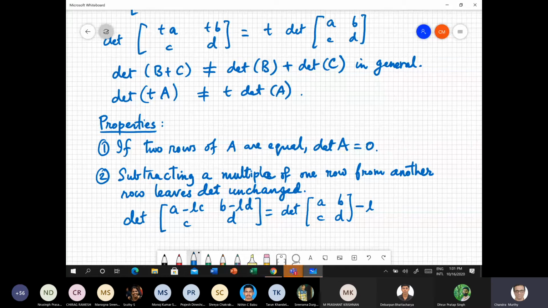So I can pull that minus L out and write this as the determinant of CD and CD. And this determinant is 0 because two rows are identical. And so the determinant of the matrix remains unchanged if you subtract a multiple of the second row from the first row.